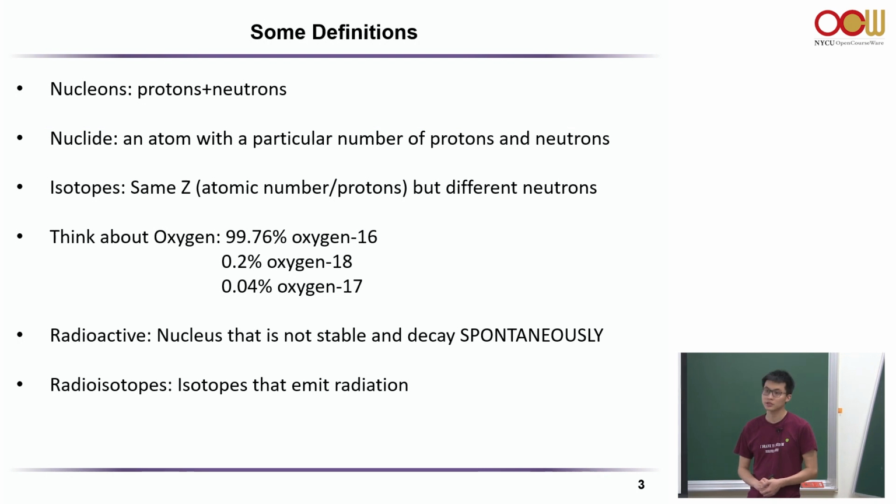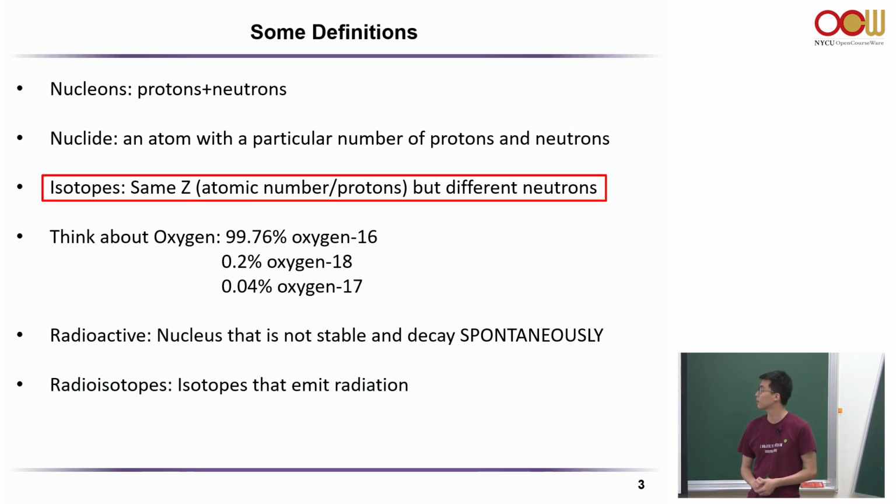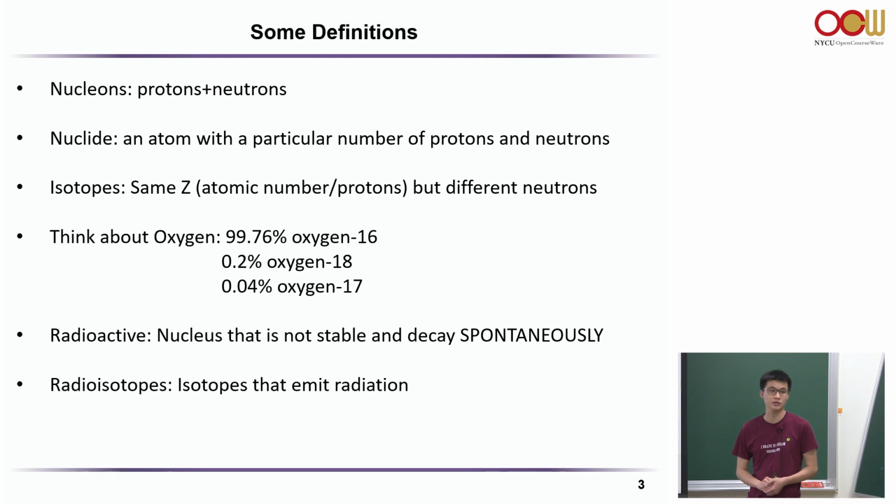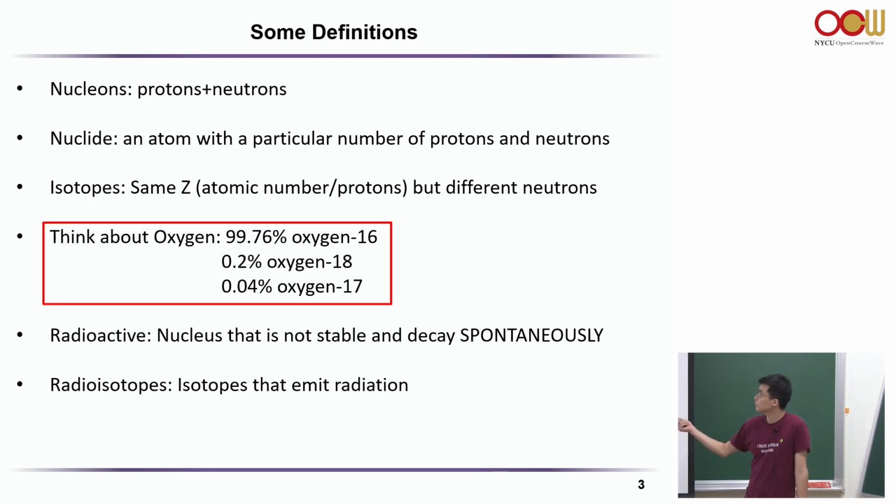We'll get to the stability of these isotopes in a little bit. Isotopes, you get tested on this concept a lot. Basically, they just have a different number of neutrons while the number of protons remains the same, which we know as the Z value. Okay, so we know most oxygen has a mass number of 16, but there are some isotopes that are known to be radioactive.